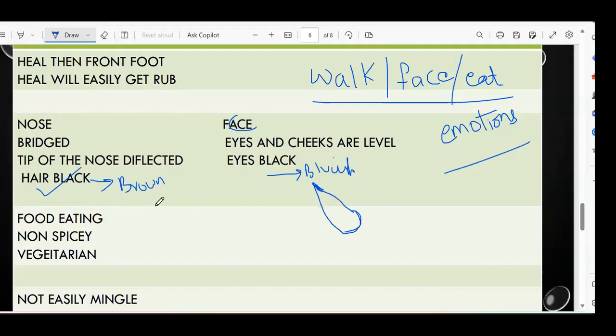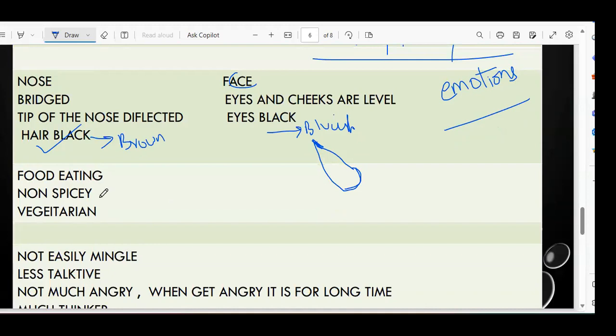This is also very important. He eats mostly non-spicy food, mostly non-spicy fish, and he's mostly vegetarian. And if he is non-vegetarian, he does not eat non-veg daily. He wants to eat once a week, twice a week, according to his nature.